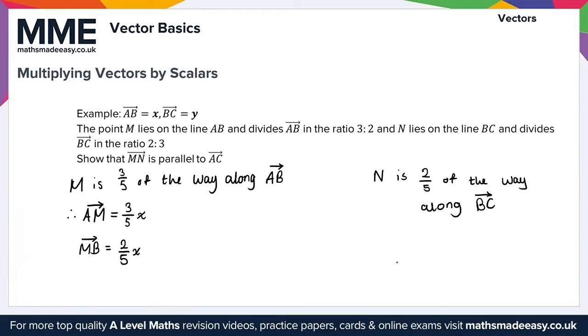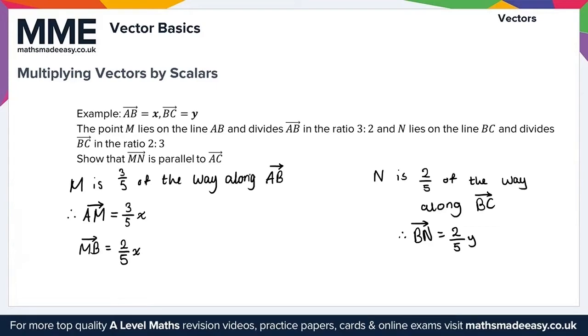Okay, so in that case then, the vector BN here is simply equal to 2/5 of y. Okay, so what we want to show here is that the vector MN is parallel to the vector AC.